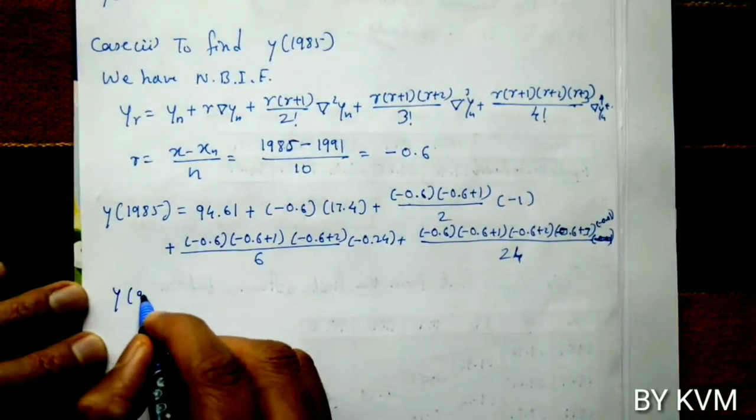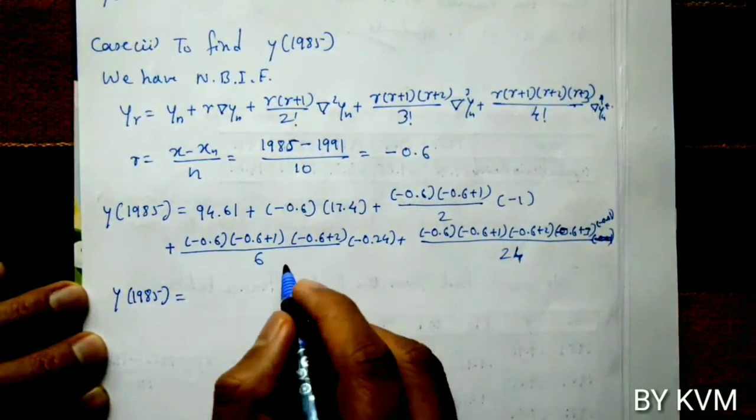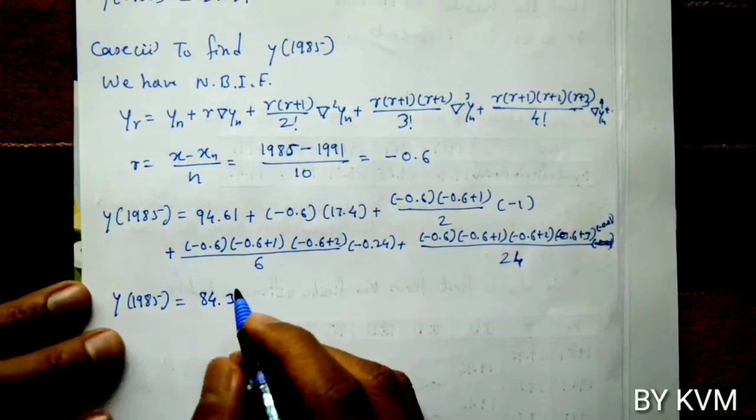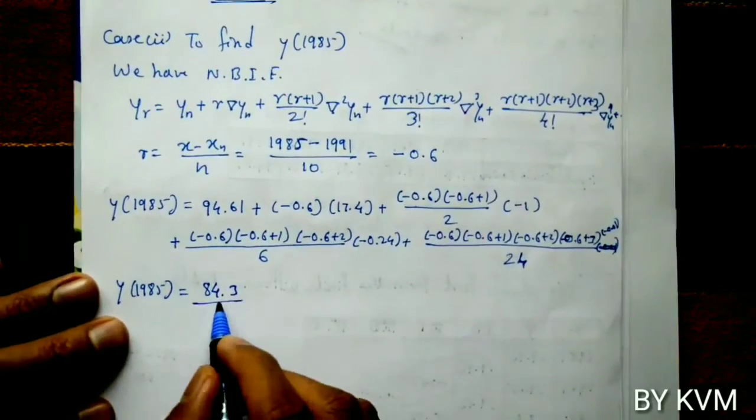Now simplifying using the calculator, y of 1985 is 84.3. So the population in the year 1985 is 84.3.